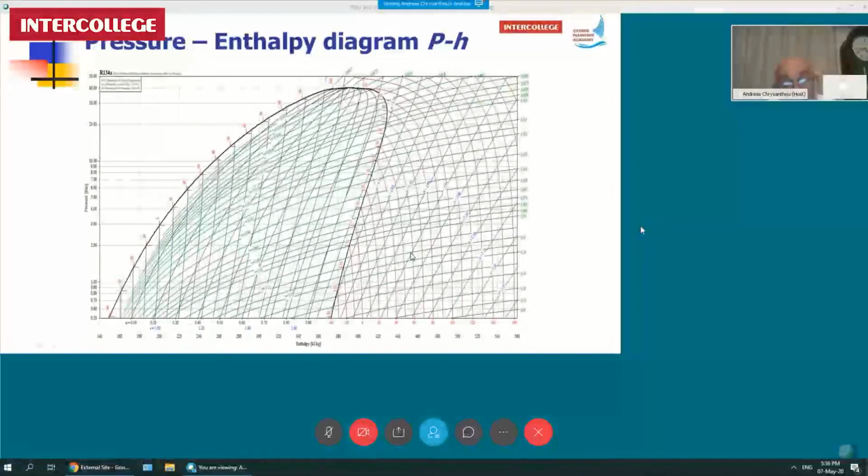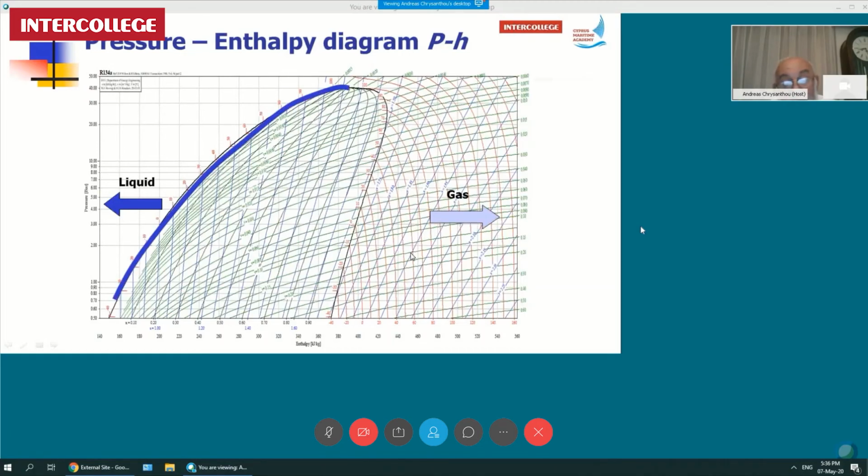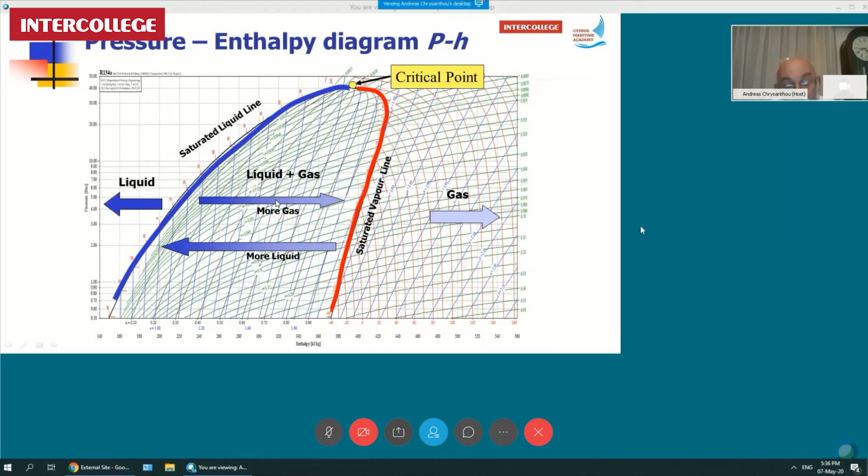Now, as before, on the pressure enthalpy diagram, on this side is the liquid, that side is the gas. These two lines are the saturated liquid and saturated vapor lines. They all meet at the critical point. Anything above the critical point, the substance is in a different state. And in the middle, we have the liquid, the gas and the mixture.